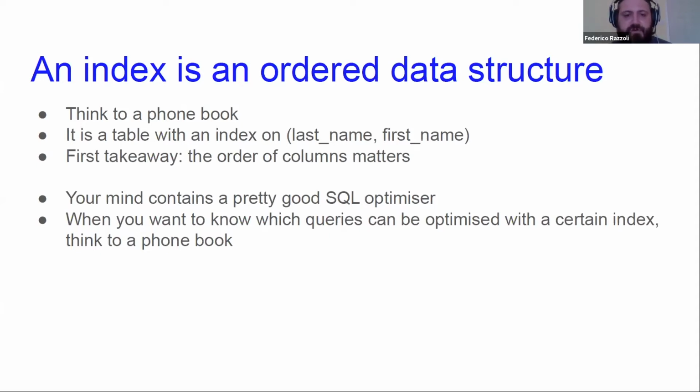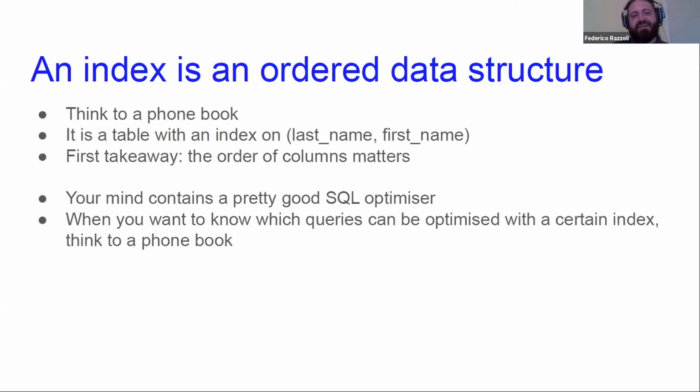Why is a phone book useful? Because you know that the last names are ordered, and only when you see a series of persons with the same last name, they are ordered also by first name, right? So basically, how do the next slides work?